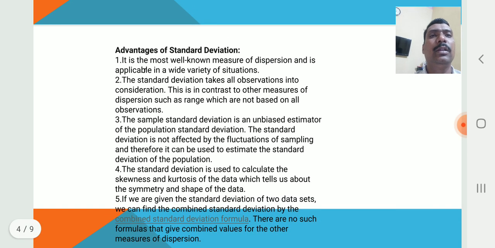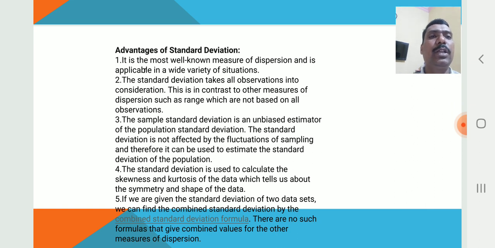Advantages of standard deviation: it is the most well known measure of dispersion, and it is applicable in a wide variety of situations. The standard deviation takes all observations into consideration. This is in contrast to other measures of dispersion such as range, which are not based on all observations. The sample standard deviation is an unbiased estimator of the population standard deviation.